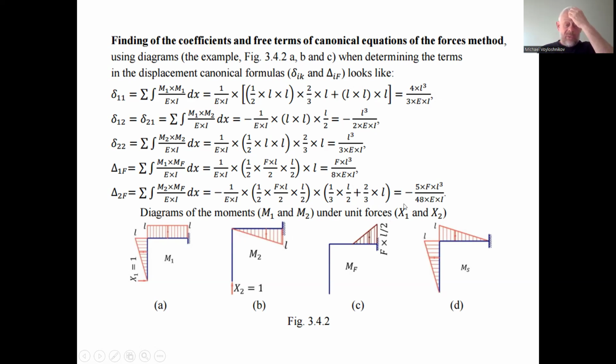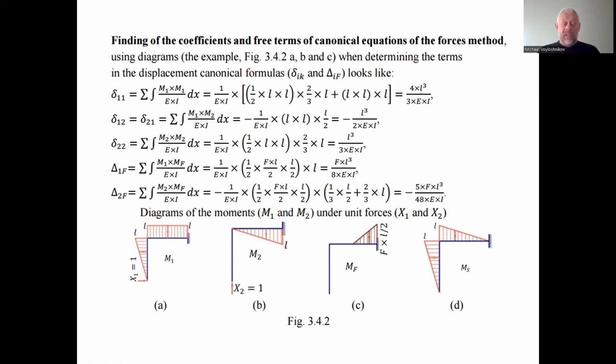Anyway, after the substitution, we can find the displacement in the second direction of the cutoff connection in the main system of the assigned statically indefinable system. The displacement in the second direction is minus the fraction, in the numerator 5 multiplied by F, the external force, by L cubed, L being the arm length of the upper segment of the frame, and in the denominator 48 multiplied by E and I. E and I is the rigidity of the considered frame.